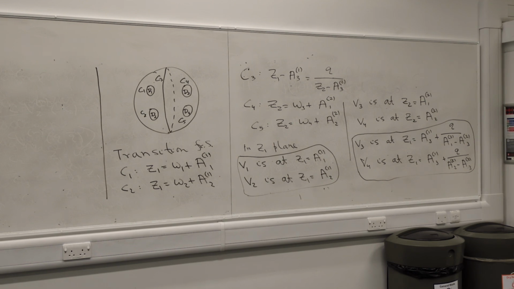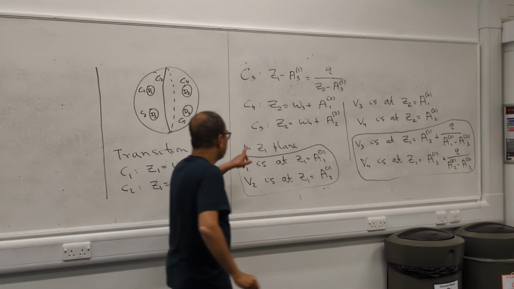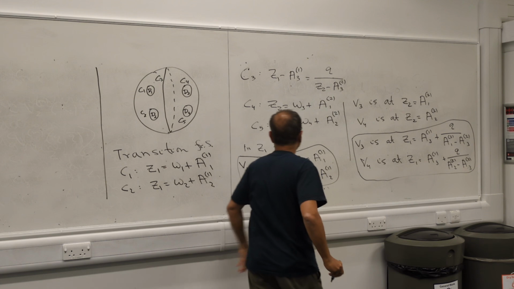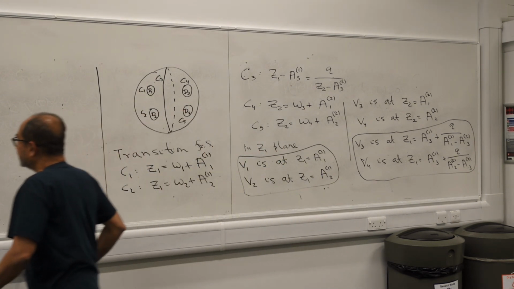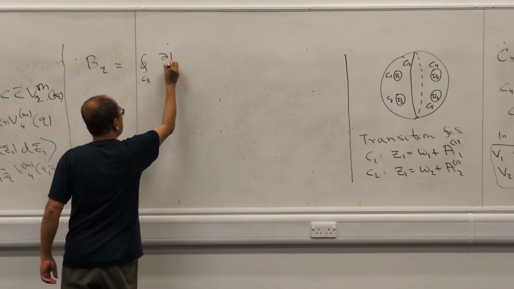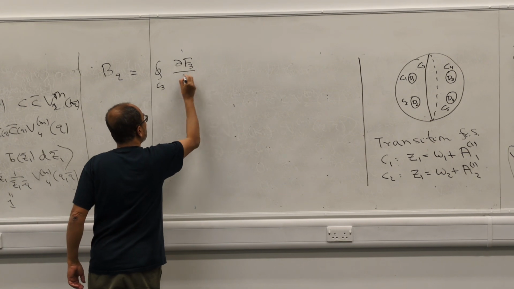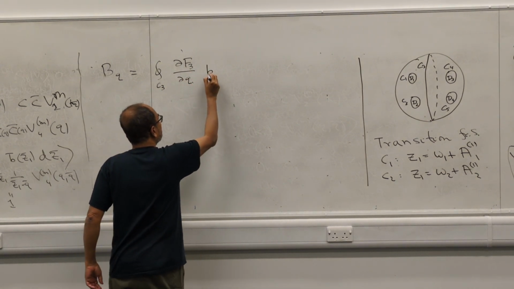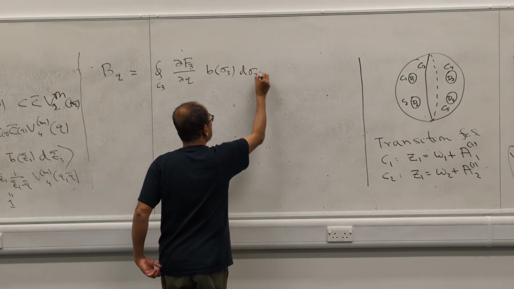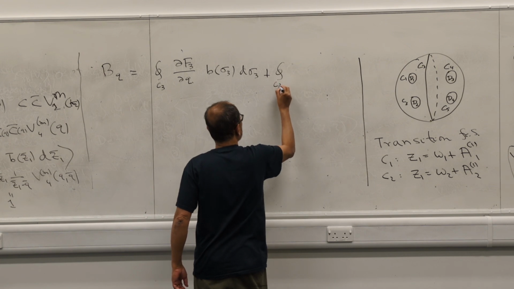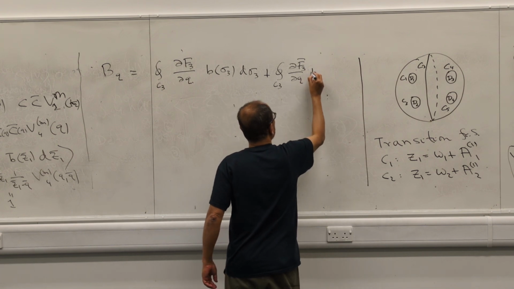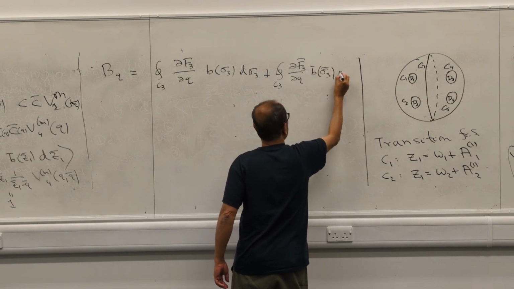The only transition function that depends on Q is this one, right? So we write this across C3: integral over C3 of ∂F3/∂Q times b sigma 3 b sigma 3, plus integral over C3 of ∂F3 bar/∂Q times b bar sigma 3 bar, tau 3 bar.